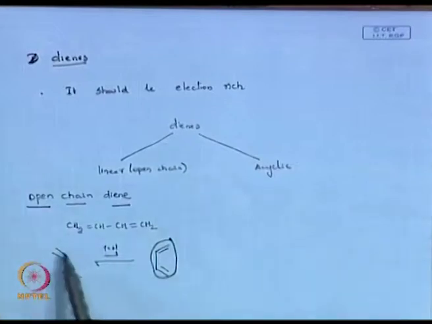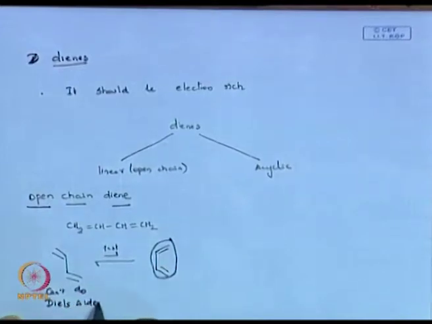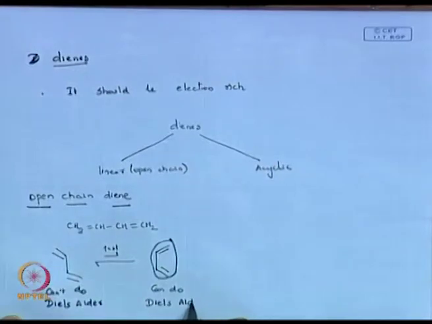So this cannot do Diels-Alder, and this can do the Diels-Alder reaction. That is the more important point for open chain dienes.